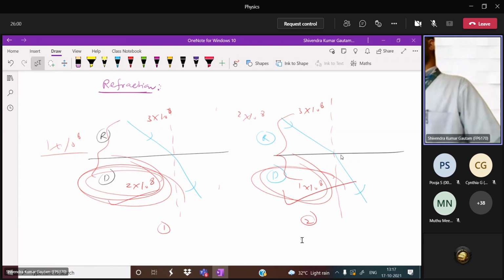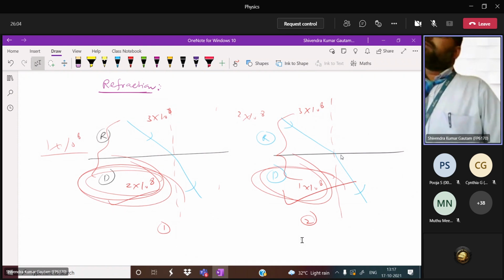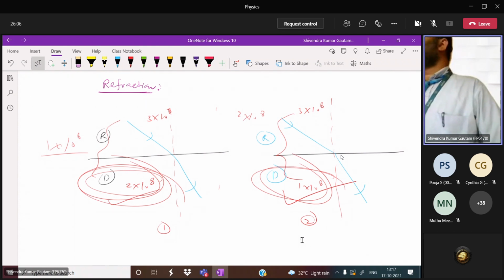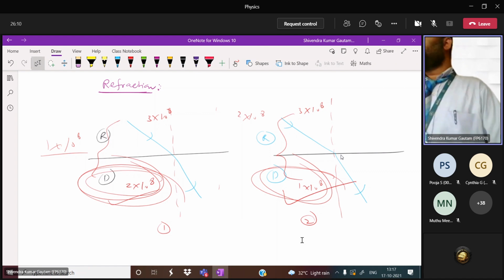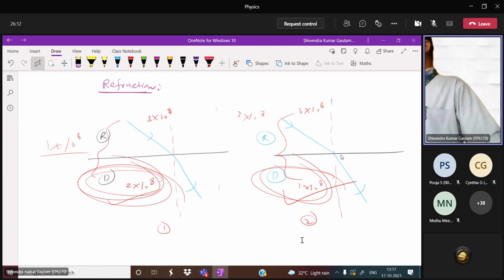Next point. The medium in which the speed of light is more is called optically rarer medium, called rarer medium.